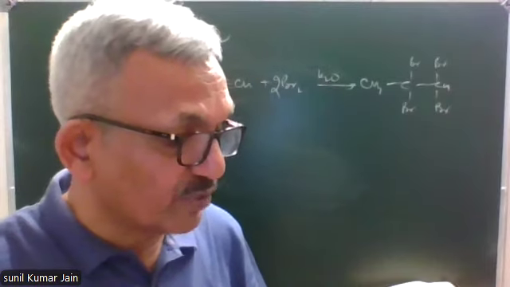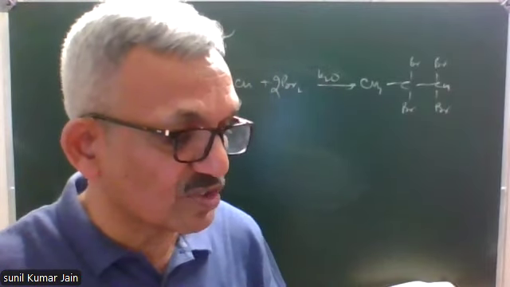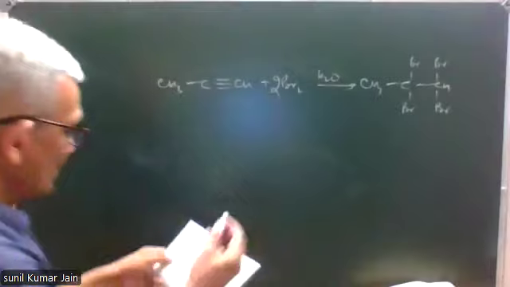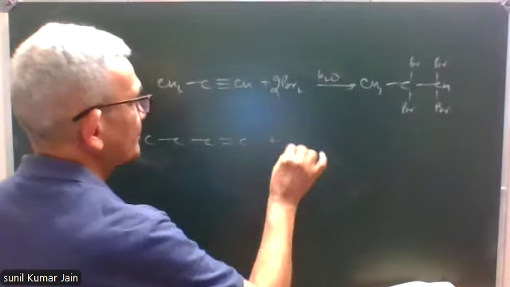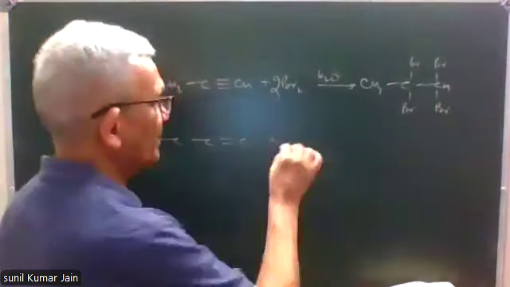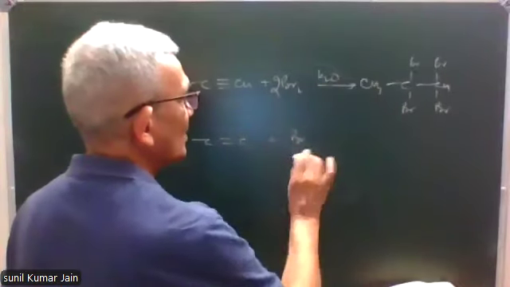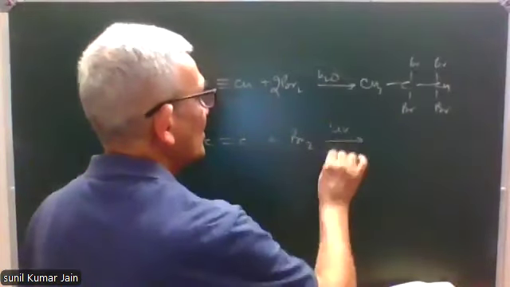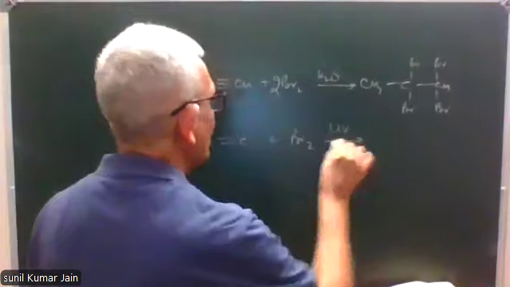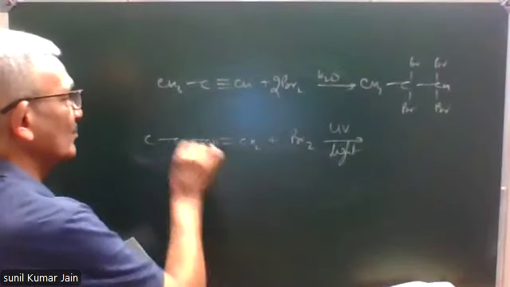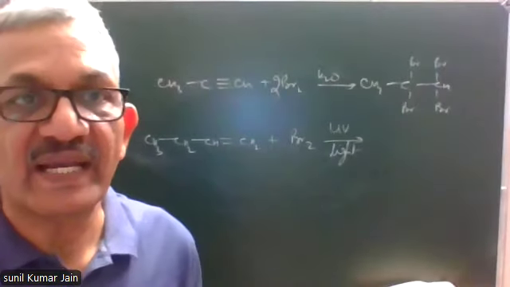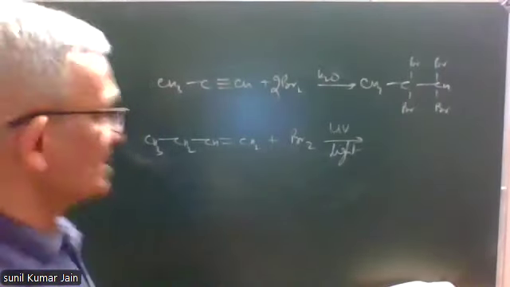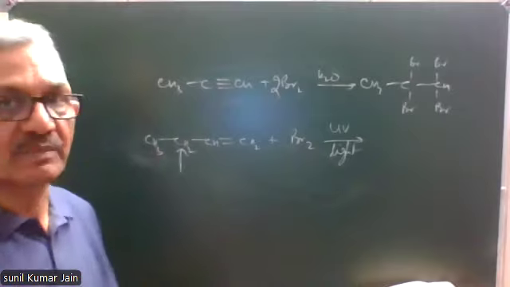Second, 1-butene is heated with bromine in the presence of ultraviolet light. This is 1-butene, heated with bromine. Now, in this case, allylic halogenation will take place. This is the allylic carbon.